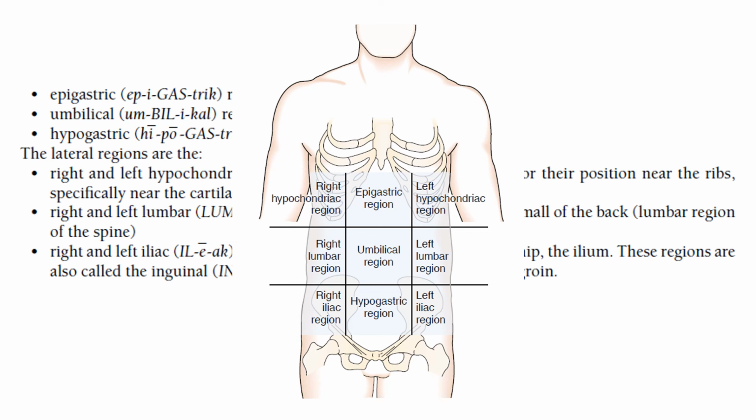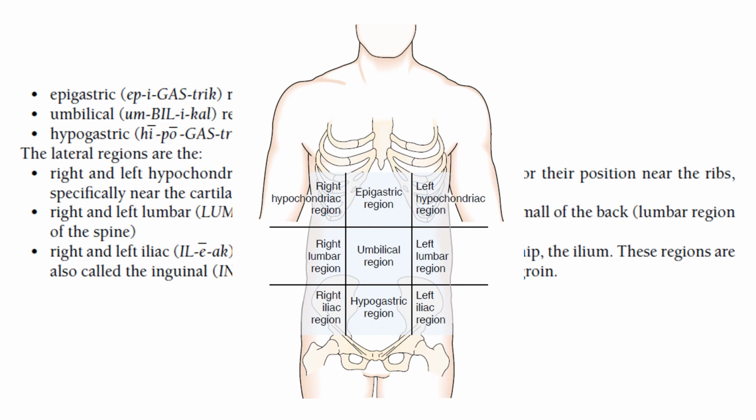The last row of the 9 regions is the hypogastric region. Hypo means below, so it is the region below the stomach. Its right and left are called the iliac regions, because it is near the hip, particularly the ilium. It is also called the inguinal region.